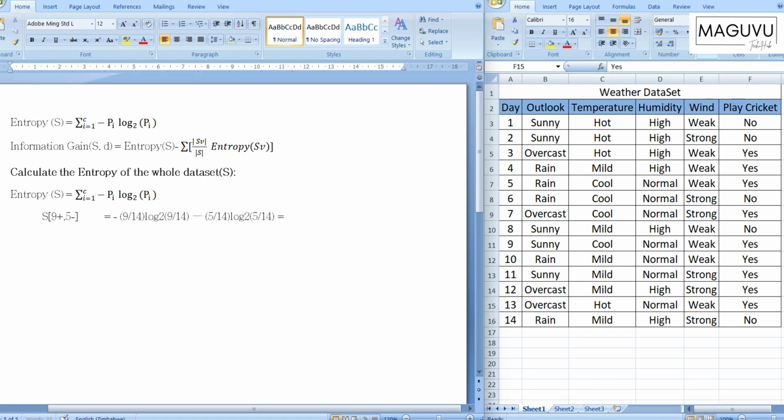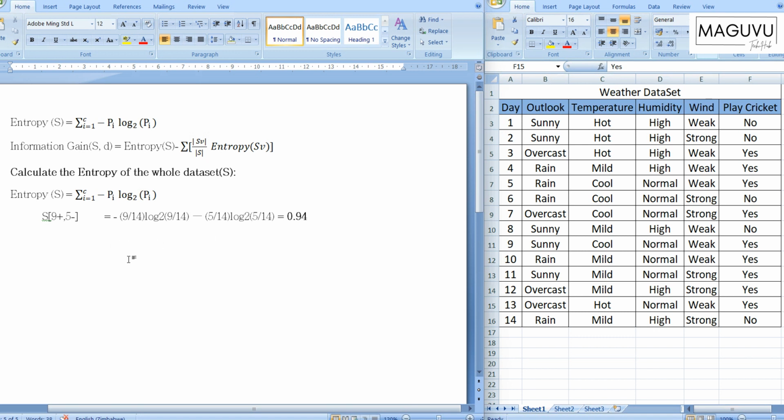This should give us a value of 0.94. So 0.94 there becomes our entropy for the whole data set.